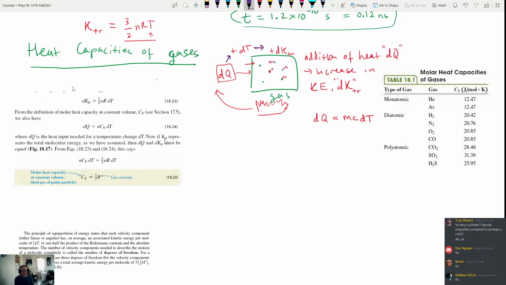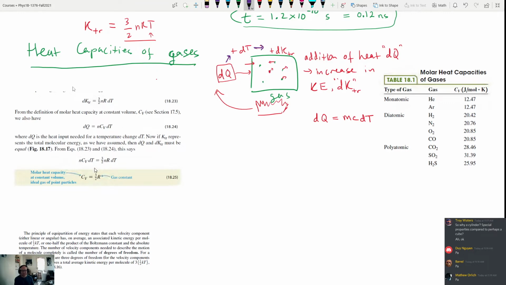So if the translational kinetic energy represents the total molecular energy, as we've assumed, then dq and dK have to be equal to each other. They're both energies. If there's an increase in kinetic energy of these molecules, it must only be coming from the heat increase, because where else could it come from? It's not like there's anybody in here speeding the molecules up. So any increase in the energy of the molecules has to be directly related to the heat that came in.